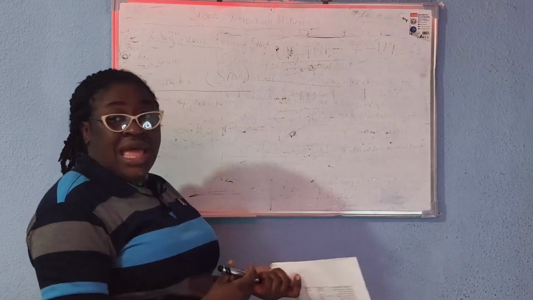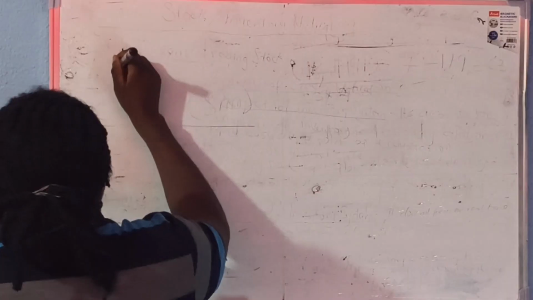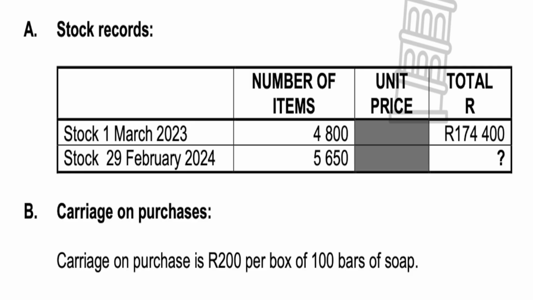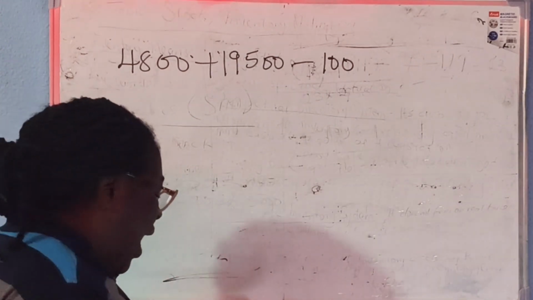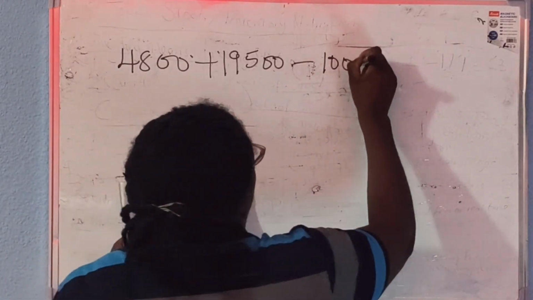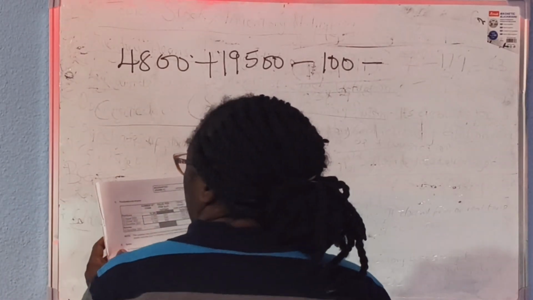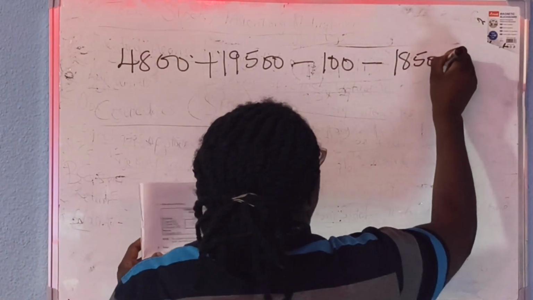So let us start. How many units do we have as our opening stock? The units of our opening stock is 4,800 plus the units that we bought into the business during the year, which is 19,500. We minus the units we have returned to our supplier, and then we minus the units that we have sold, which is 18,500.